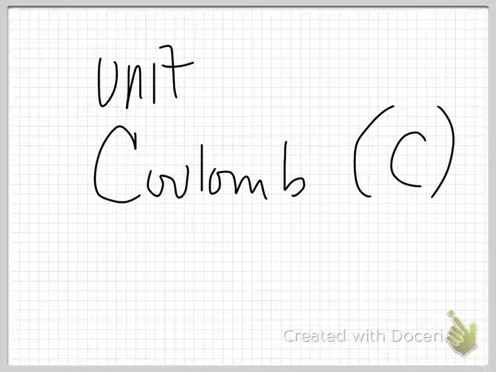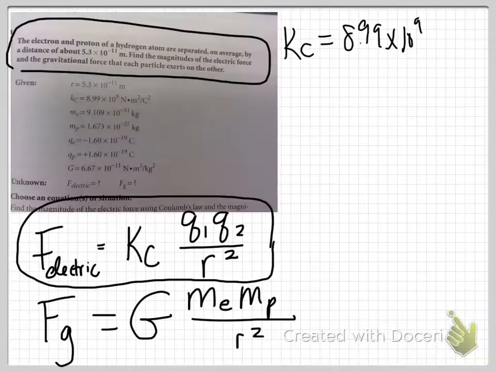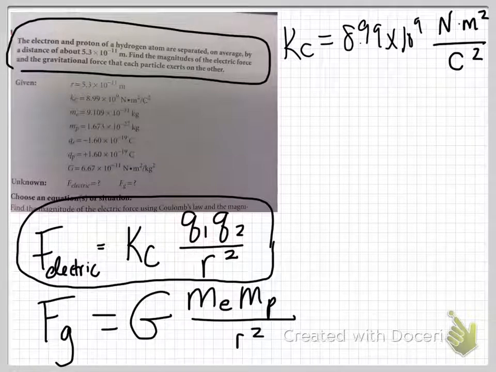There's no breakdown. It's not derived from anything else, though we're going to throw it into a bunch of derived things. Coulomb's constant, 8.99 times 10 to the 9th newton meter squared over coulombs squared.